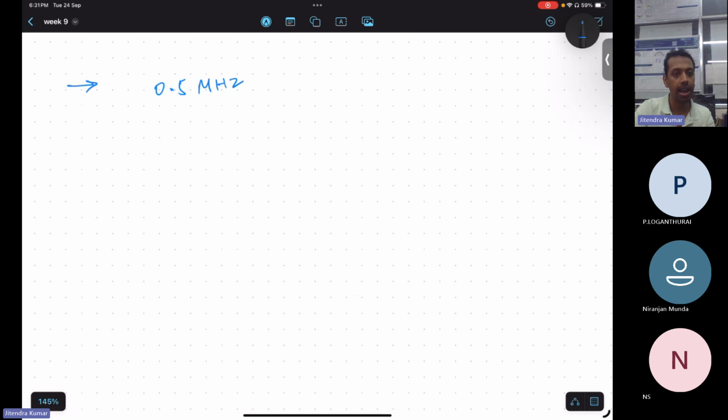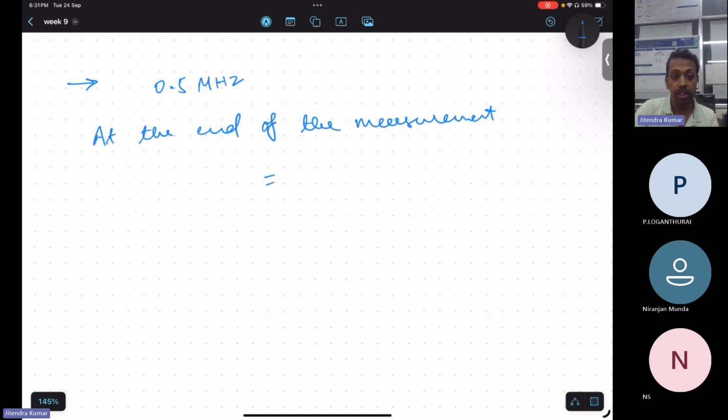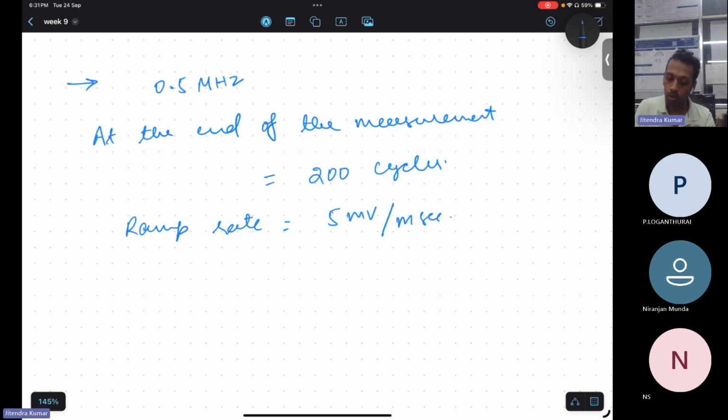At the end of the measurement, the counter completes 200 cycles. Now the ramp rate is also given, that is 5 millivolt per millisecond. So how much will be the input voltage?